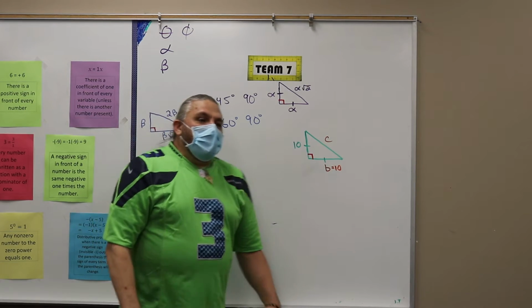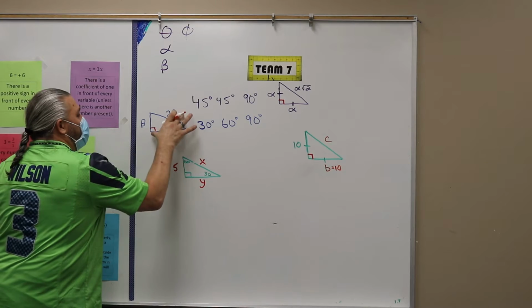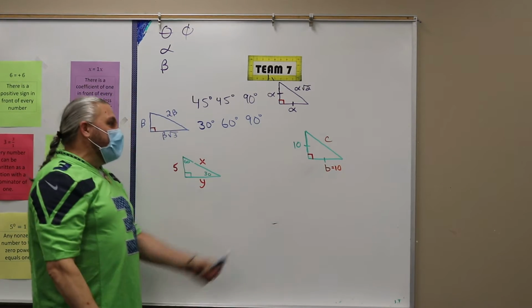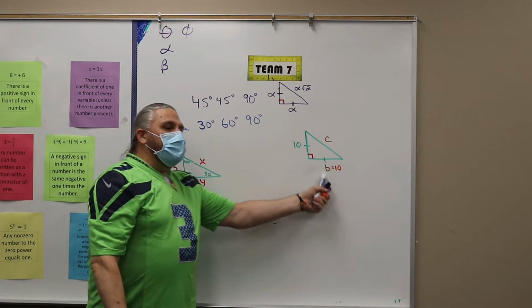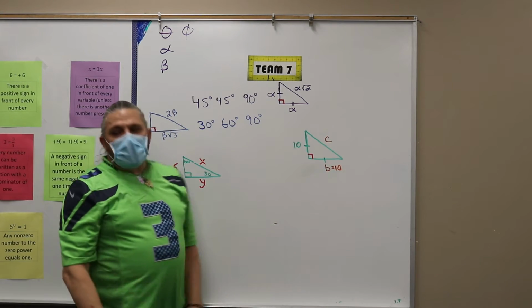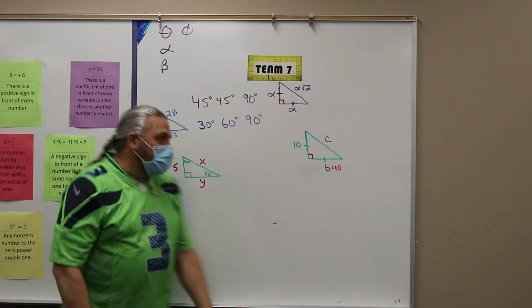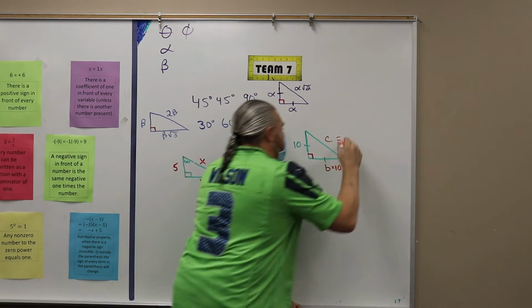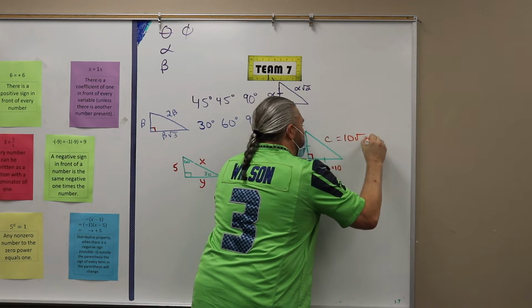What's fun about these formulas is that it is always whatever this value is times the square root of 2. So, boom. What is c? 10 square root 2. That's it.